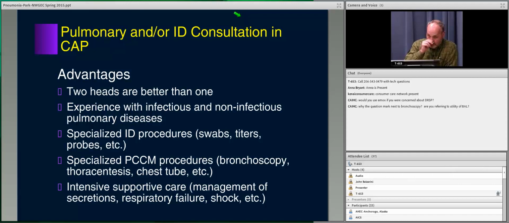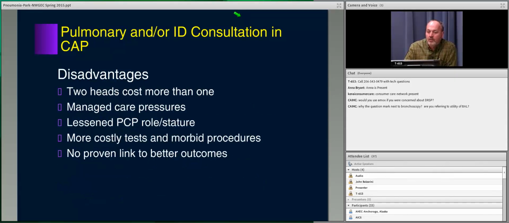So I'd say, in summary, if you're not a specialist, don't be bashful about consulting a specialist when someone has a problem like pneumonia that requires hospitalization. Okay, so 2 heads are better than 1.